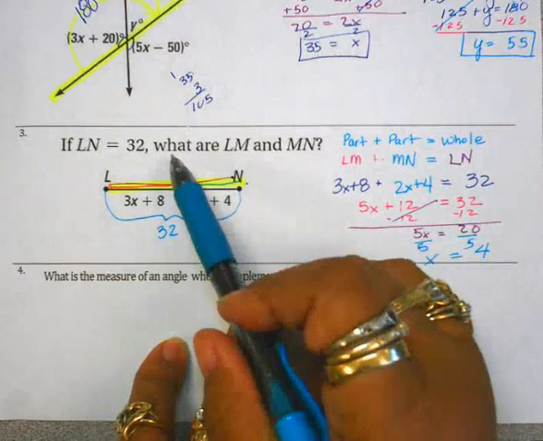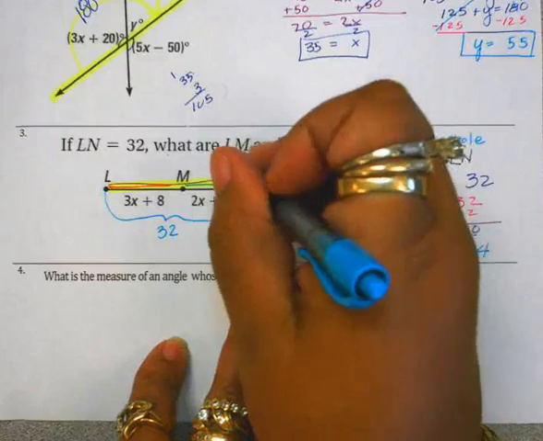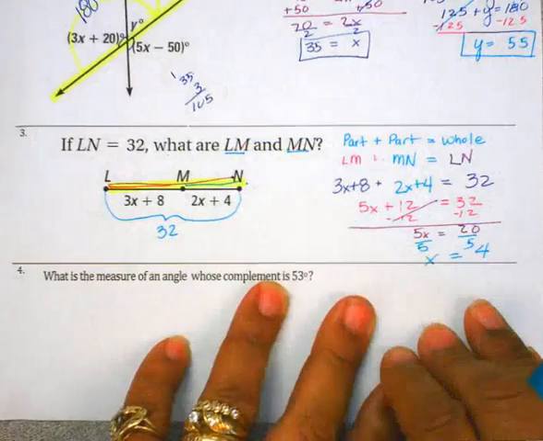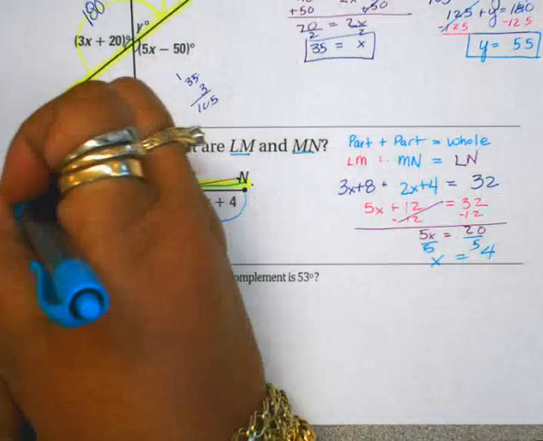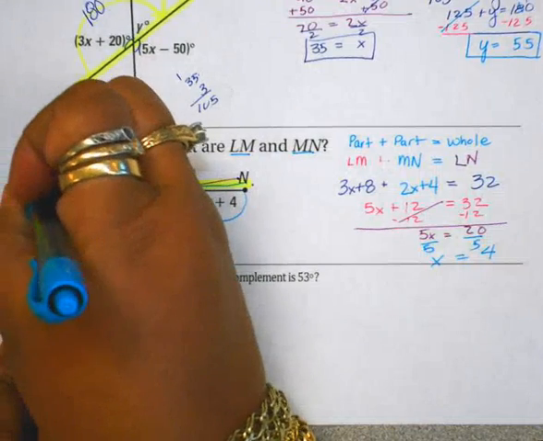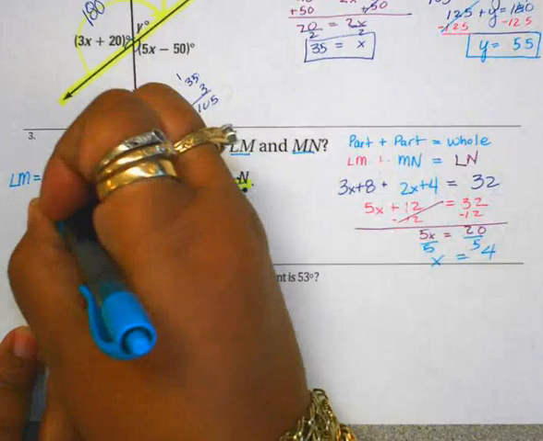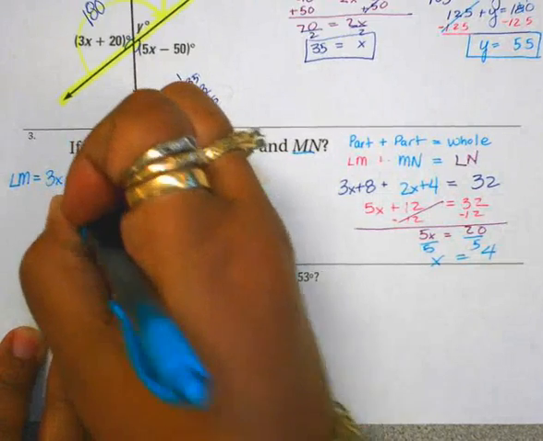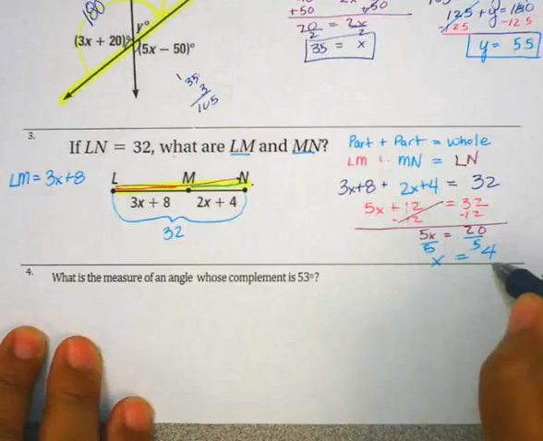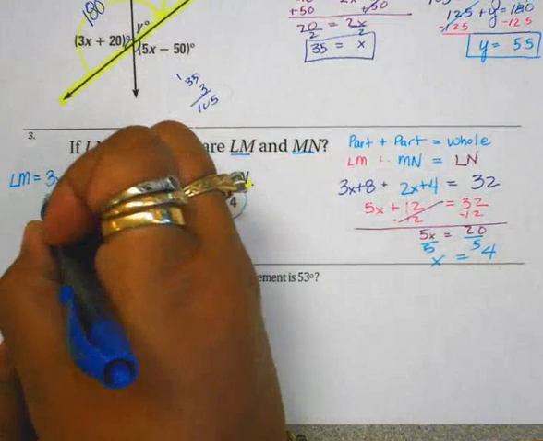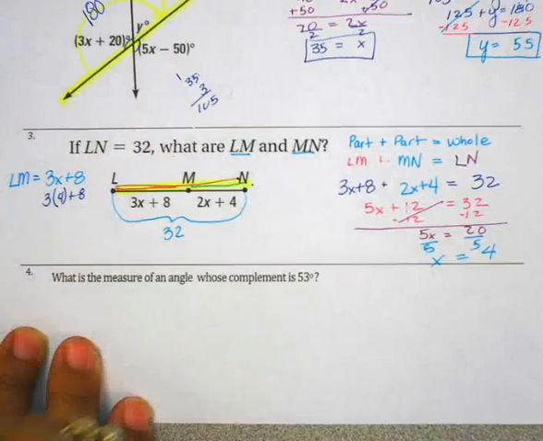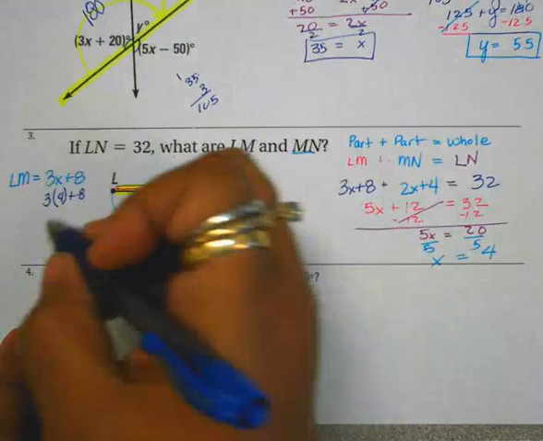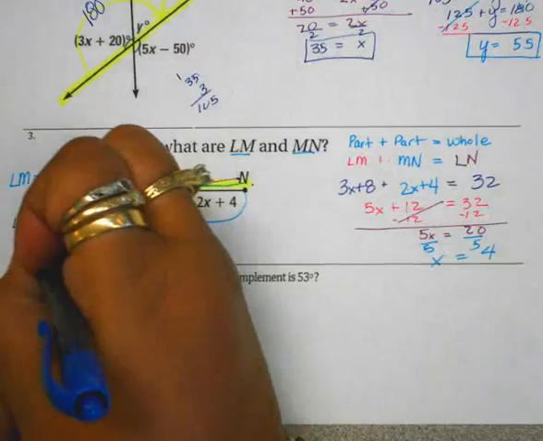But it asks, what are the measures of LM and MN? So now I have to substitute the values. LM is 3x plus 8. So I'm going to substitute the value of 4 that I got where this x is. So 3 times 4 plus 8. 3 times 4 is 12 plus 8. So LM equals 20.